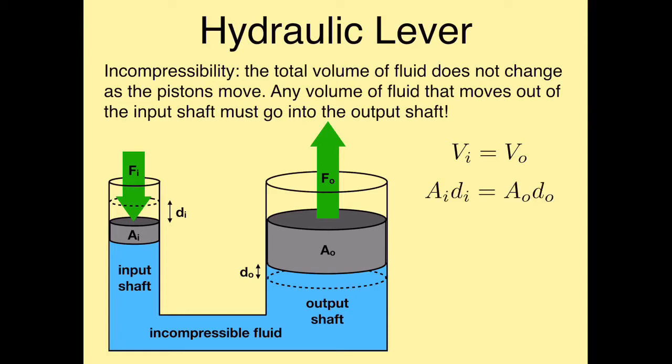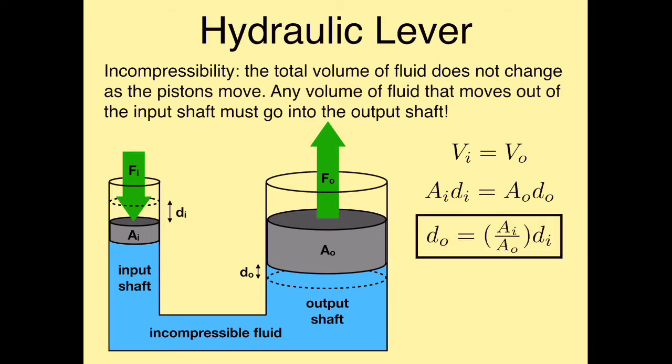Now, the volume can be thought of in the following way. We have a cross-sectional area, A, and then we have a length, D. And if you just multiply those two, we get the volume of this cylinder here, which again is the volume of fluid that's moved out of the input shaft. So that would be AI times DI. And the volume of fluid that's moved into the output shaft would be AO times DO.